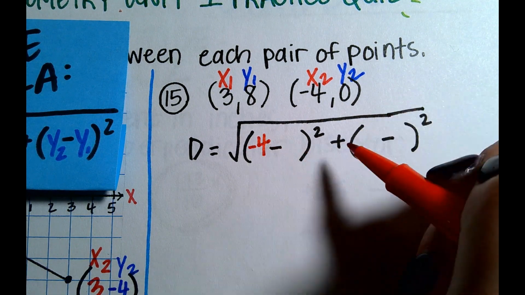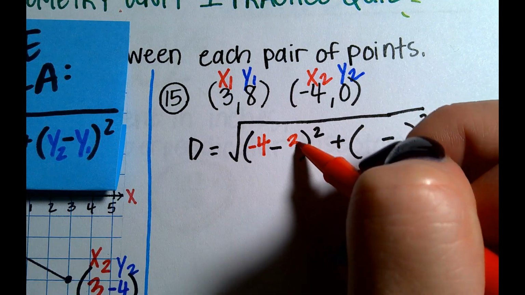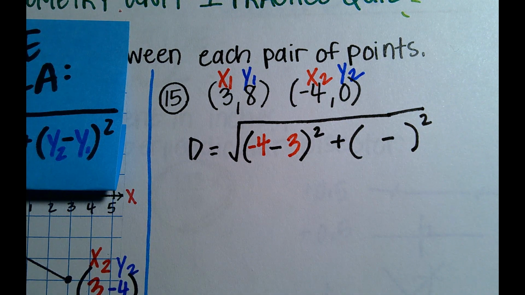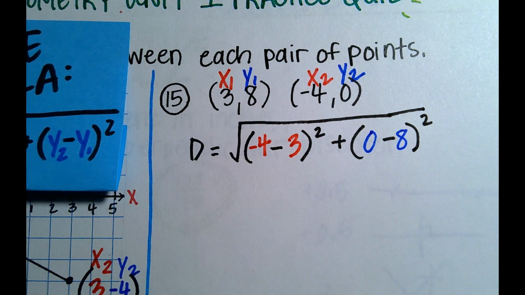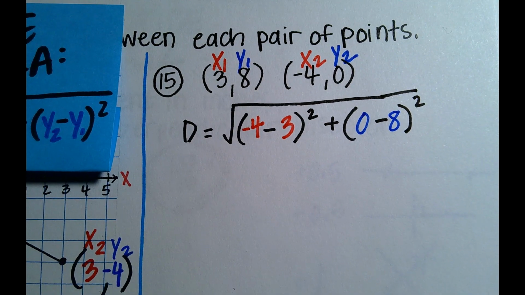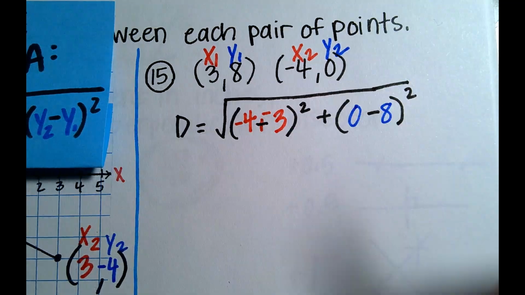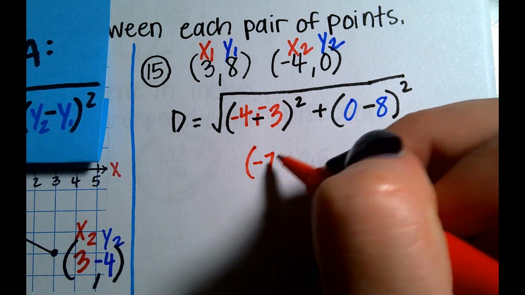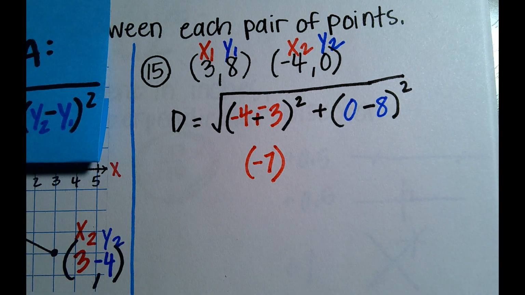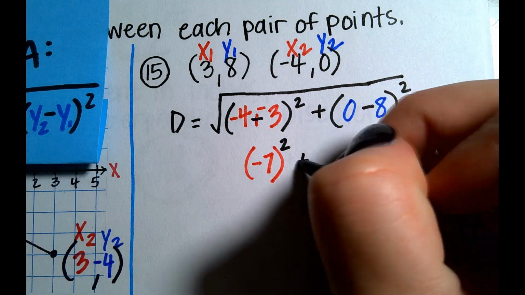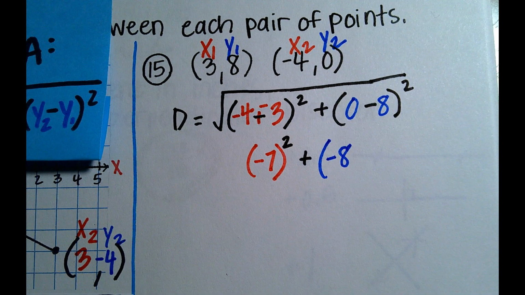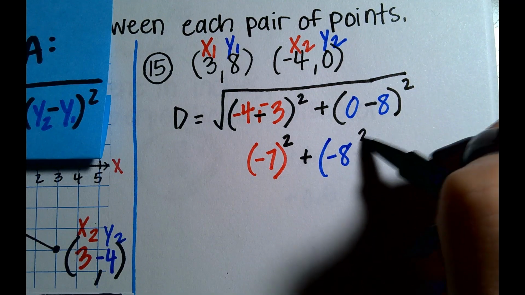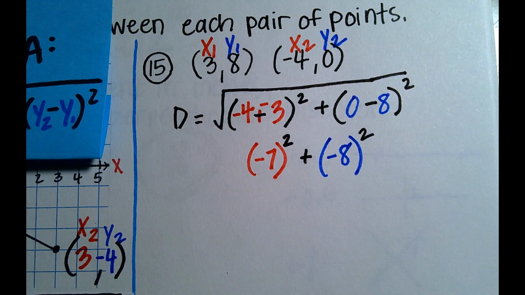So I've got in my first two blanks -4 minus 3. And in my next blanks I've got 0 minus 8. So I've got -7 squared plus -8 squared, all under a square root.